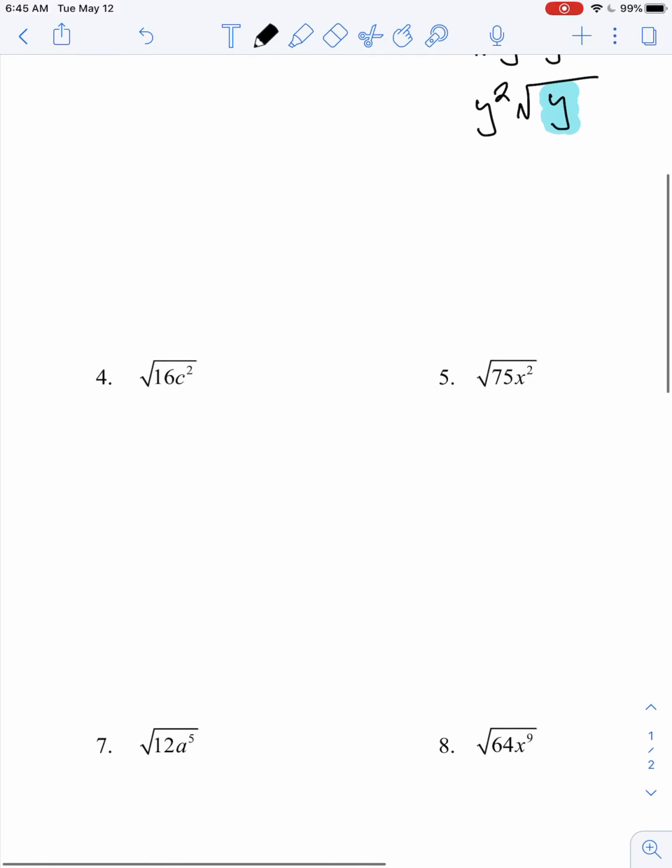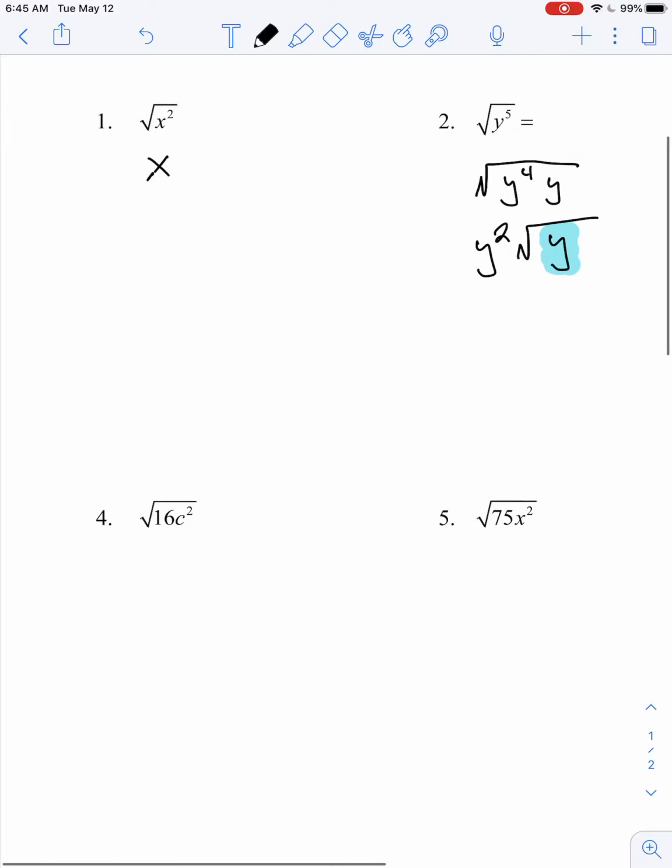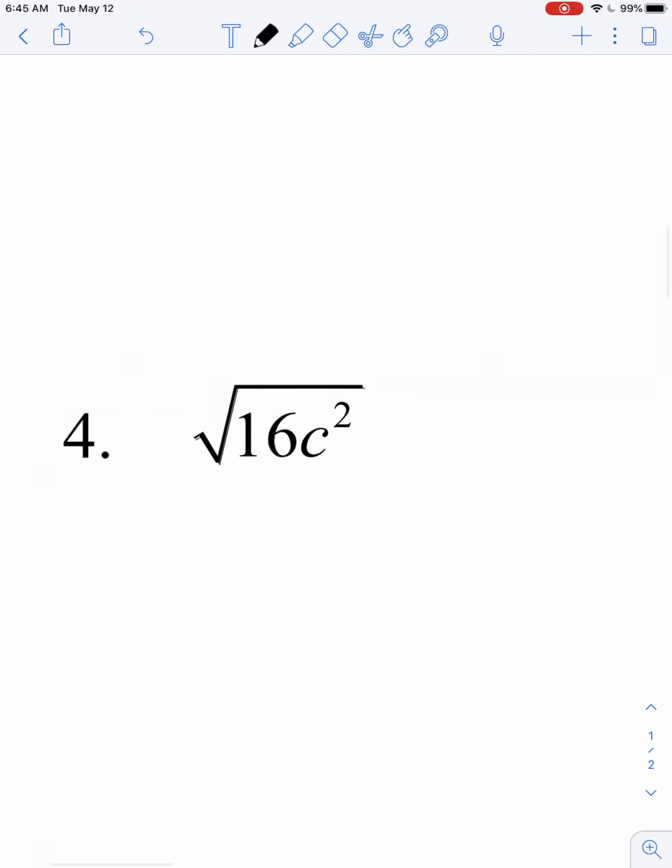All right. Now let's get a little more complicated by dealing with combinations of numbers and variables. There's lots of ways that we can do this, but the first thing I always want to see is, are there perfect squares already underneath our square root sign? And in this case, yes, both 16 and c to the 2nd power are perfect squares.